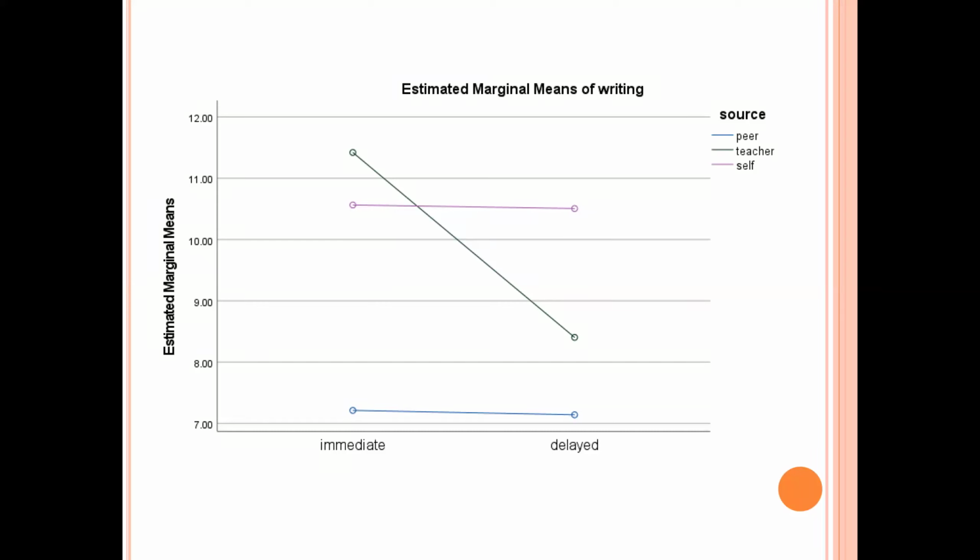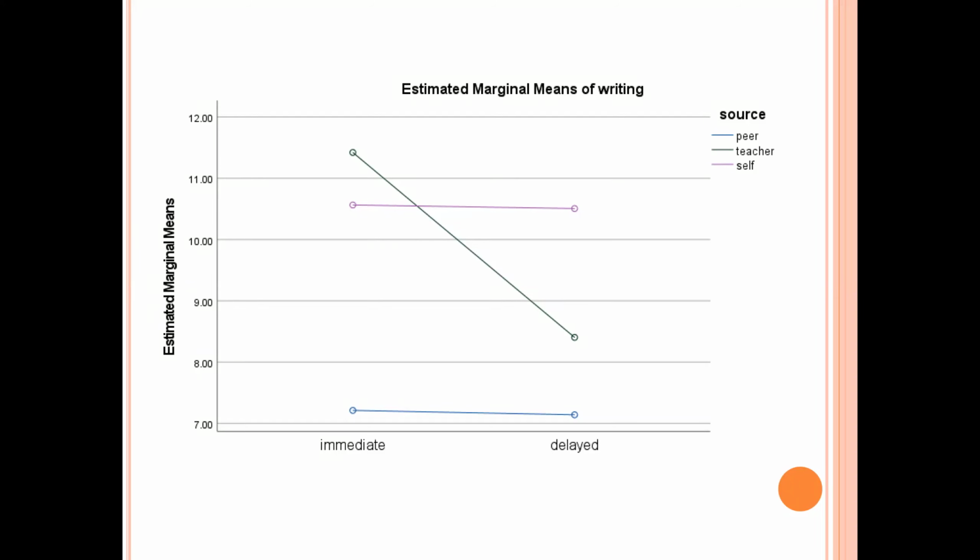But this is the plot. You notice that you still have this crossover line between self and teacher feedback. They change order such that it looks like one is contingent on the effect of teacher feedback is higher than self-feedback in the immediate condition, but later lower than self-feedback in the delayed condition.